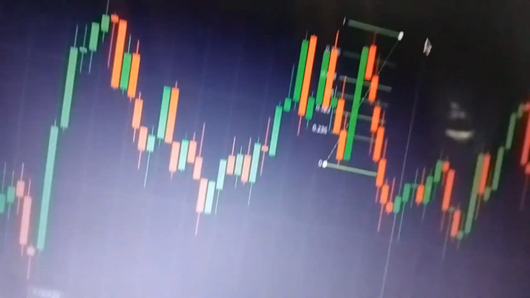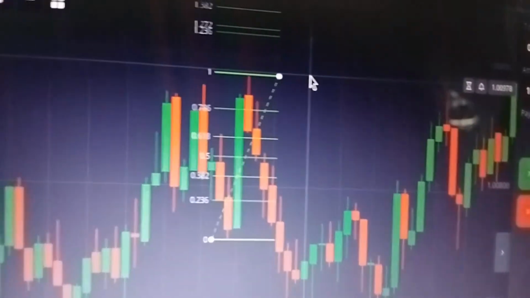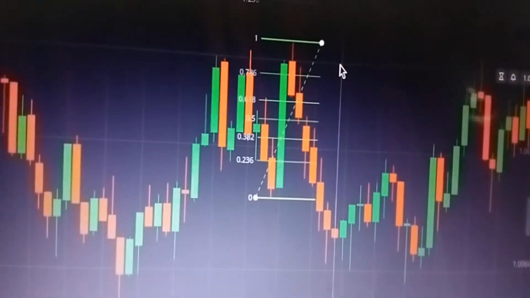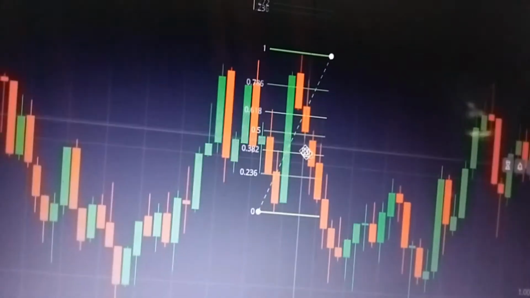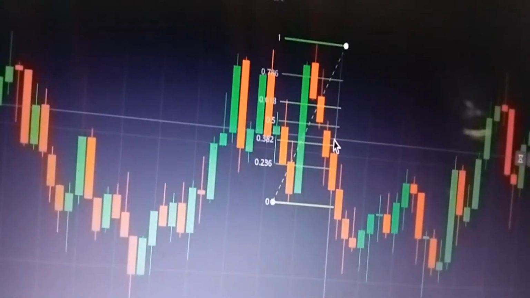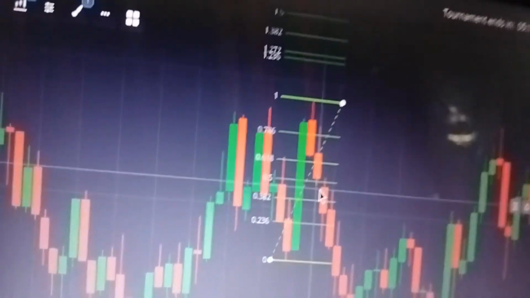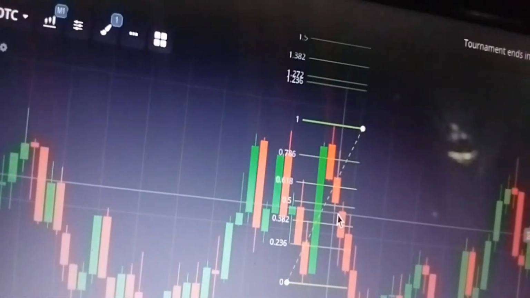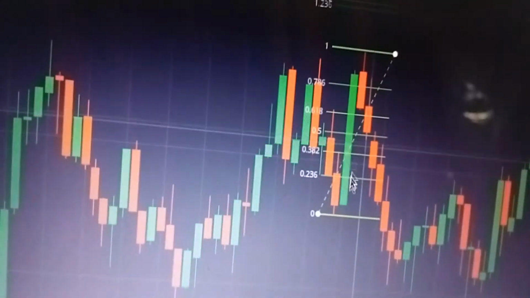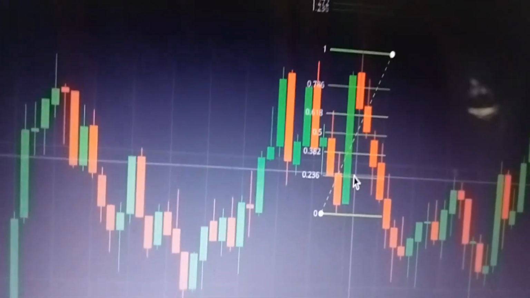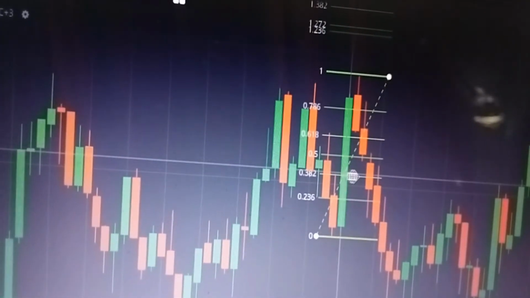So price is essentially ranging here. Okay, in a range. I want to see a reaction around here, and do I have a confluence? Do I have an additional order block or fair value gap in the OTE area?